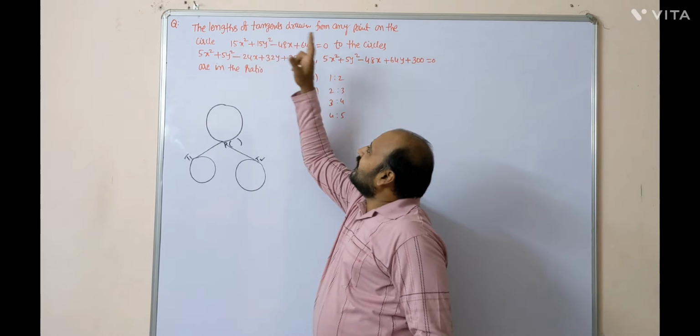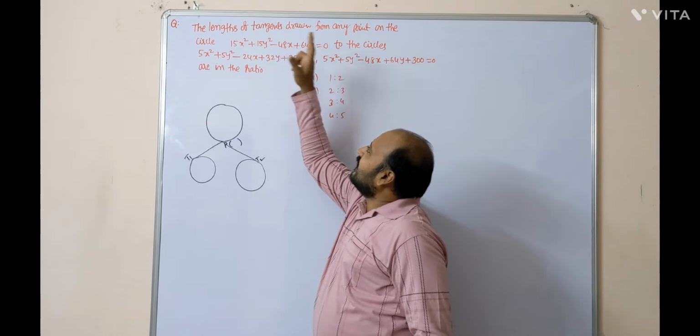So there is no constant. Whenever the constant is absent in the given equation of a circle, this circle is obviously passing through the origin.